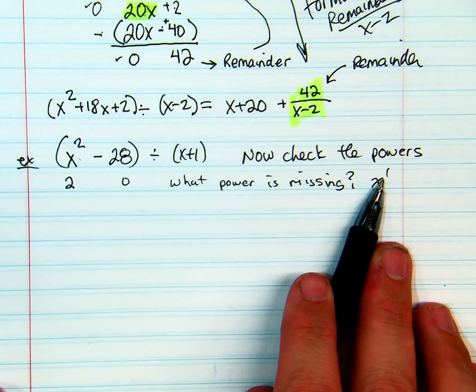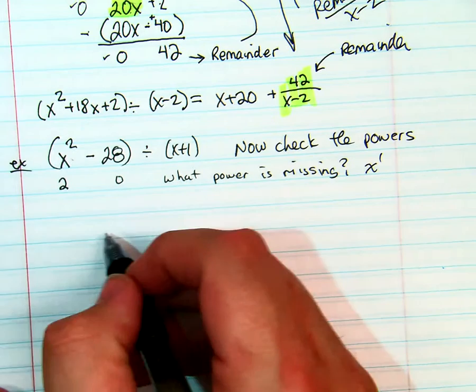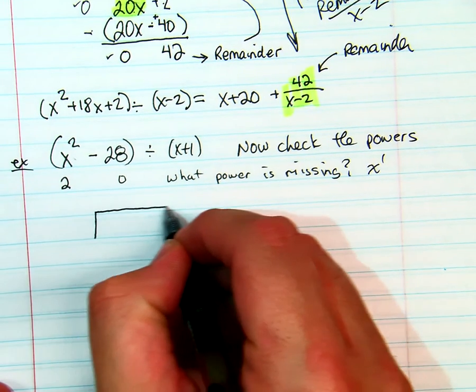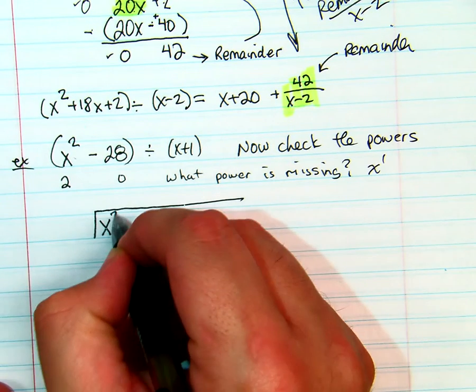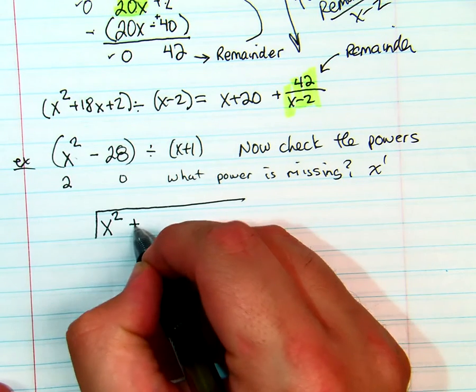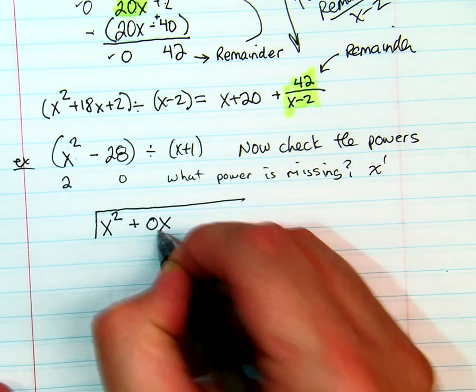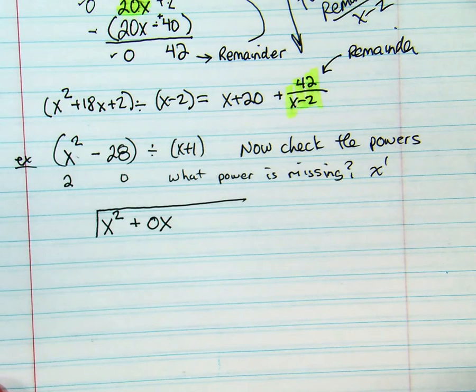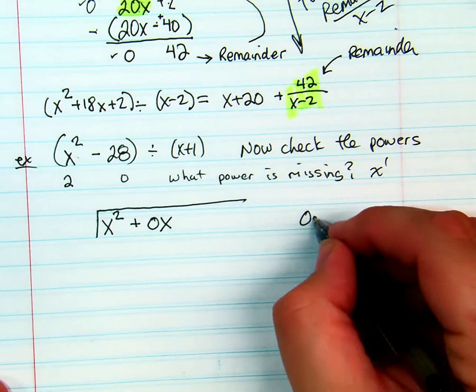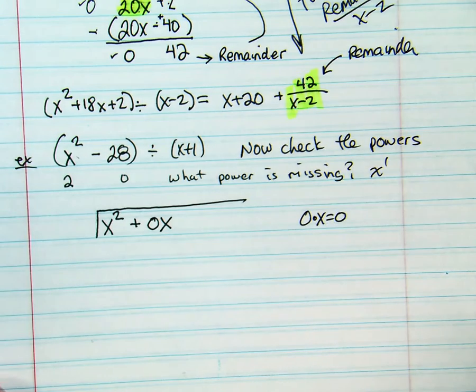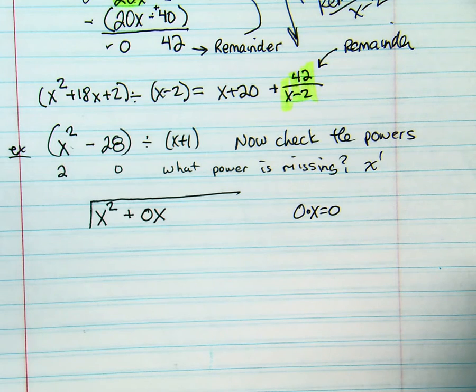0. So when I write this, I'll put my x squared there. What I'm going to do is put plus 0x. Because what's 0 times x? 0. So am I adding anything to the original problem?